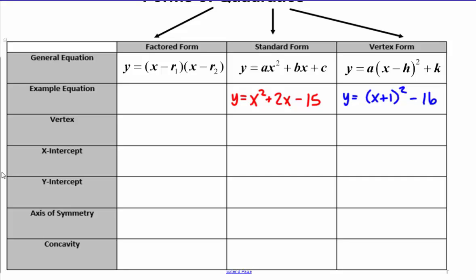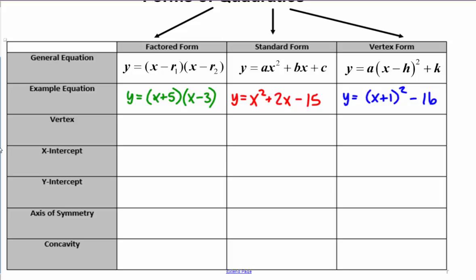We will also write our factored form of our equation, which in our case is y equals (x plus 5) times (x minus 3). Now, like we said, each of these have different advantages to them because they give us different pieces of information. We will start with the key pieces of information that are given to us by our standard form equation. Our standard form equation gives us the following key pieces of information.